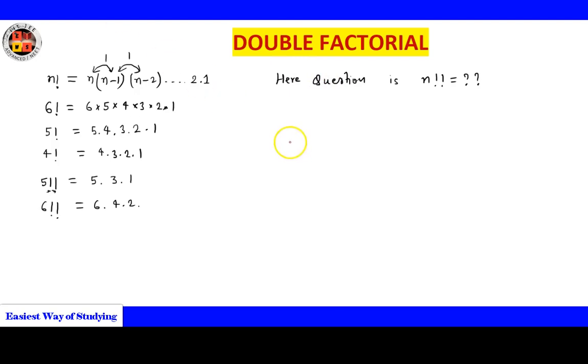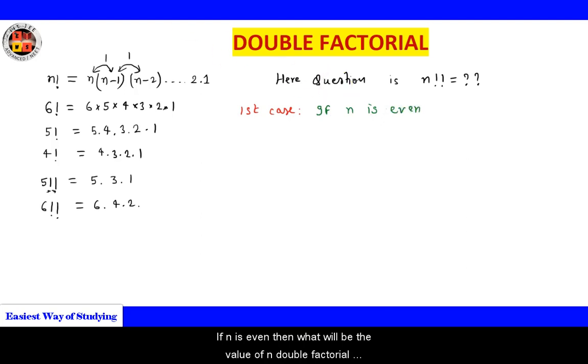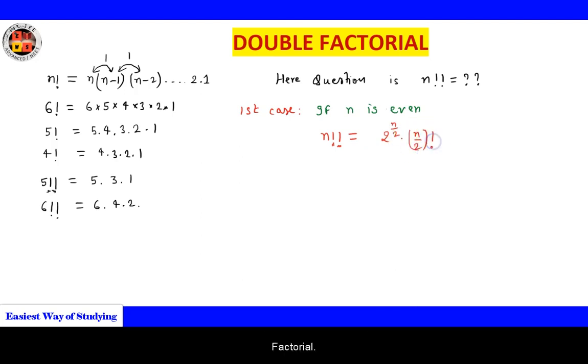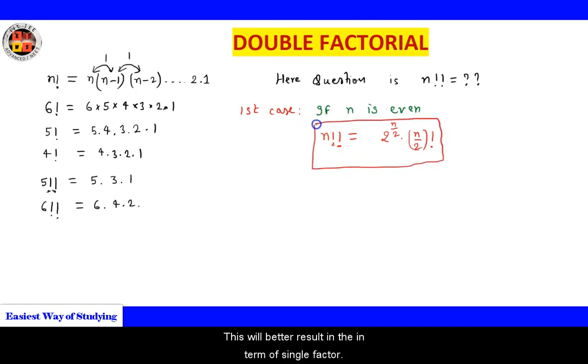In the first case, if n is even, then the value of n double factorial in terms of the single factorial will be 2 to the power n by 2 into n by 2 factorial.